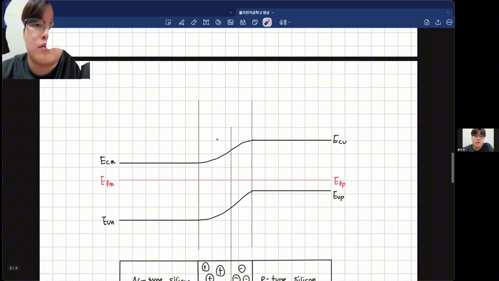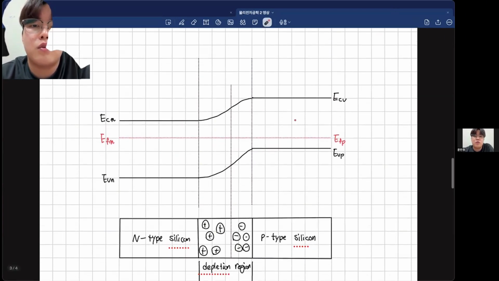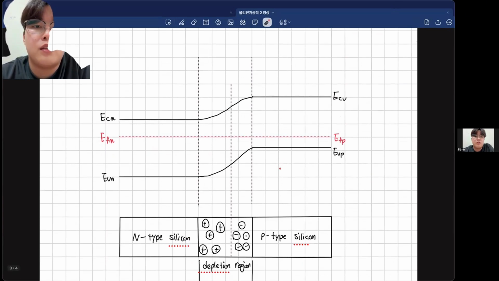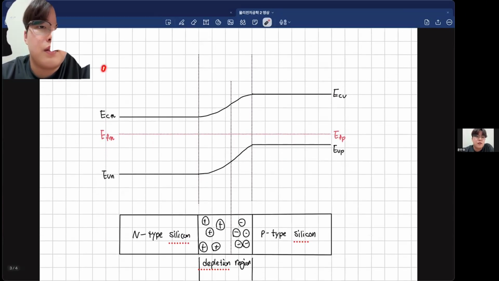And if we combine an N-type semiconductor and a P-type semiconductor, we call that a PN junction, and we can explain the PN junction using these diagrams.